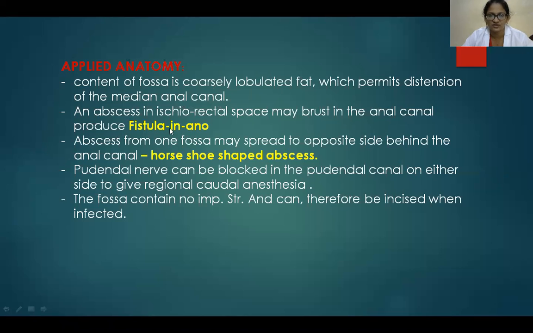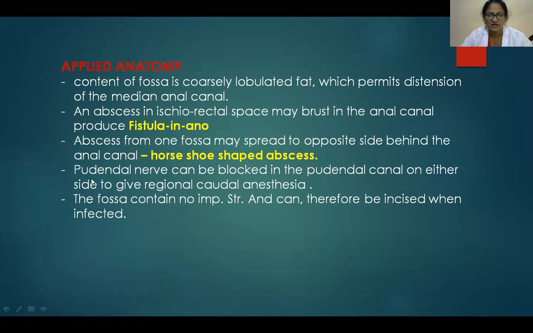An abscess from one fossa may spread into the opposite side behind the anal canal. This is a horseshoe shaped abscess of the ischiorectal fossa.